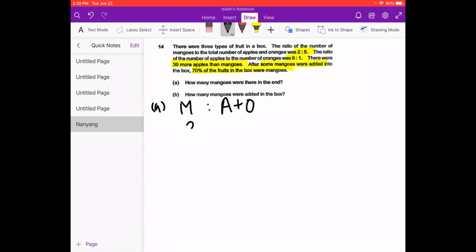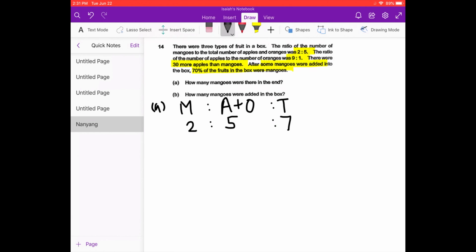So under mangoes, you have 2 and apples and oranges combined, that's 5 units. Total number of fruits in the box will be 2 plus 5, and that gives us 7.